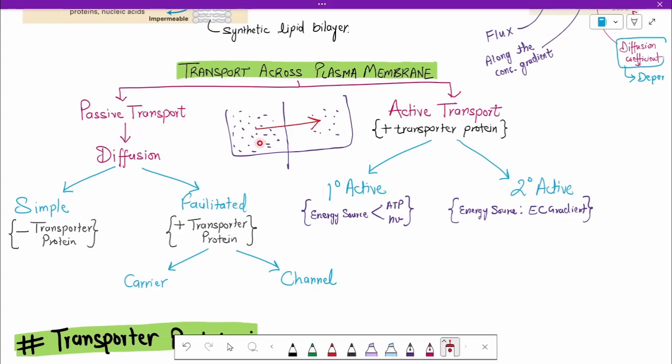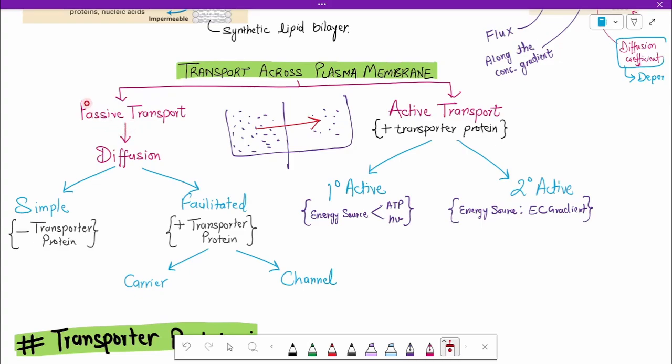This molecule goes from left to right. This is passive transport, point number 1. And for the second point, this is passive: it does not require any energy, because it can easily flow through this membrane from an area of higher to lower concentration, even thermodynamically. The free energy value will be negative in this case.